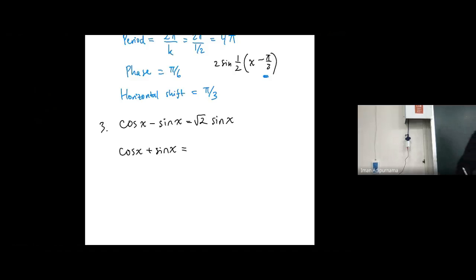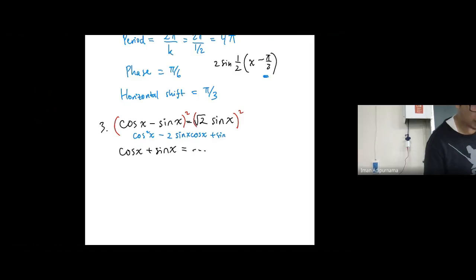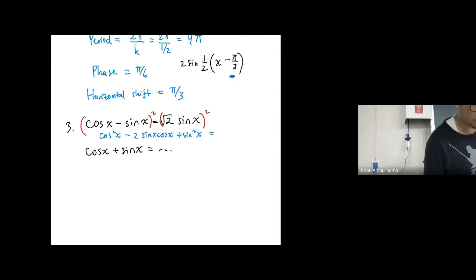But let me explain to you. First, the cosine minus sine, let's square both sides. A lot of you did this, and it's correct. The squaring is correct because if you did this, then you get cos squared x minus 2 sine x cos x plus sine squared x, and it's equal to sine squared x.